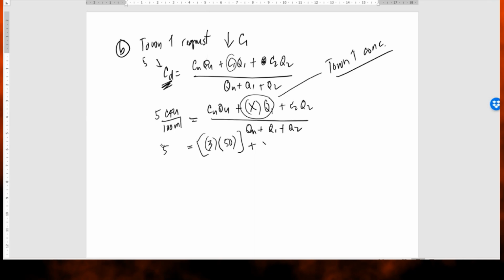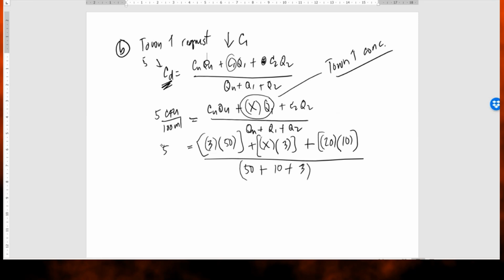And then X times 3, plus 20 times 10, and then over 50 plus 10 plus 3, the same.